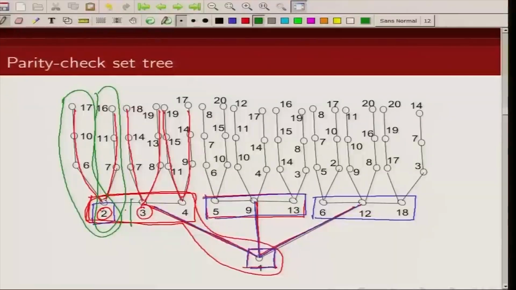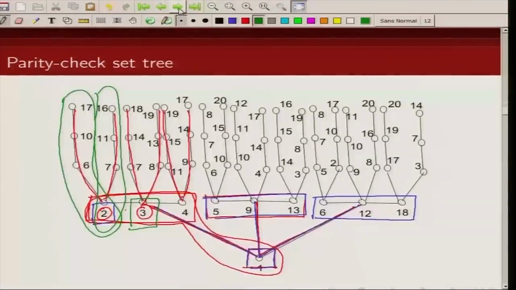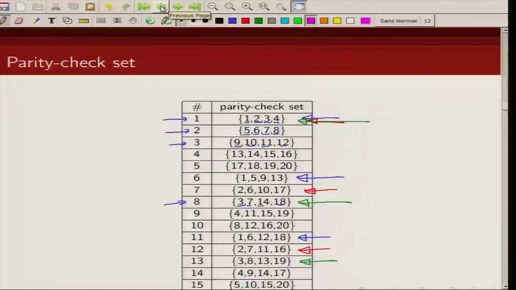So, for example, bit number 3. Now, look at bit number 3. Bit number 3 appears in parity check set 1, it appears in parity check set 8, it appears in parity check set 13. Now, parity check set 1 is already captured, because that is this one. So, what are the other 2 parity check sets?